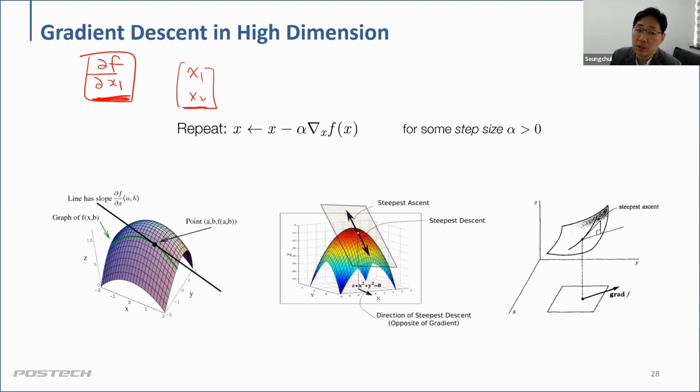The only thing is that I want to change x of 1 by a small amount and see how much my objective function f of x changes. I fix x of 2, which is the constant value. I want to walk x of 1 in that direction a little bit and see how sensitive it is.